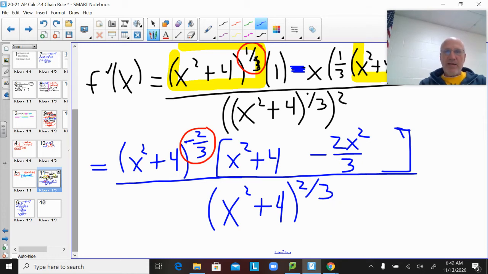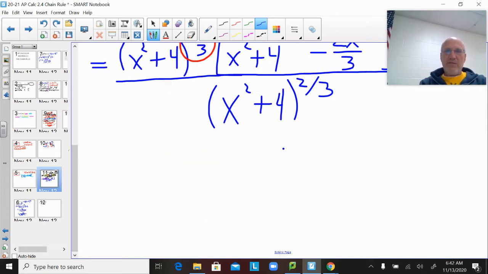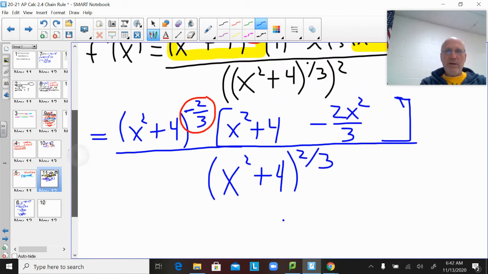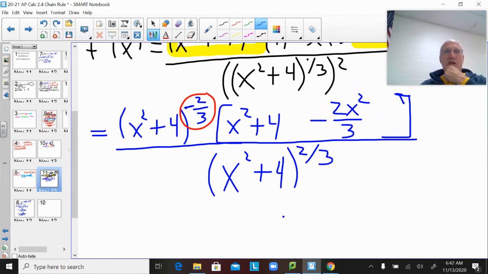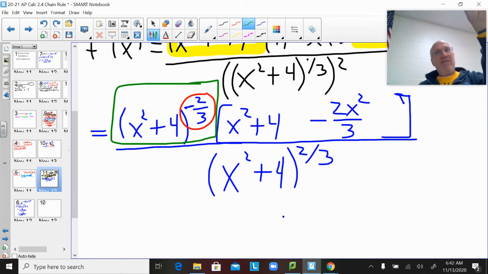All right, I think I could keep going. Can't think of a reason to stop at this point. So I think as far as cleaning this up further, this whole thing in green here can move to the bottom. It's a negative exponent. On the bottom, it'll give you a positive exponent. And on the bottom, it's going to be x squared plus 4 to the positive 2/3. Tell you what, let's do this.